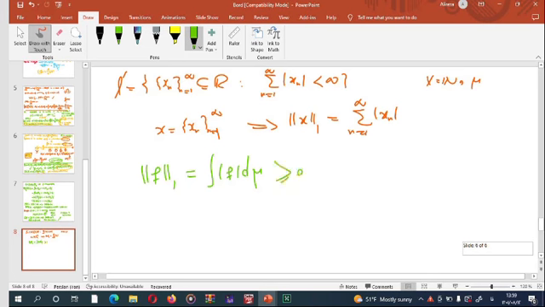We see that the integral of any non-negative function is non-negative, okay? The Lebesgue integral of any non-negative function is non-negative.